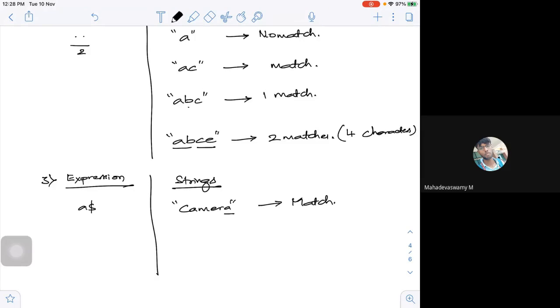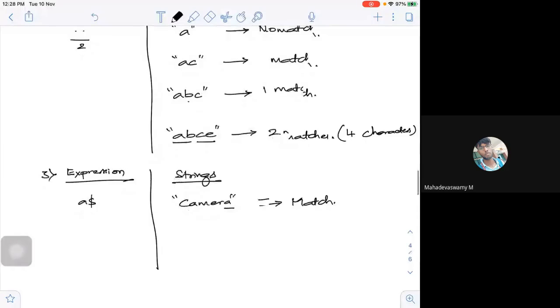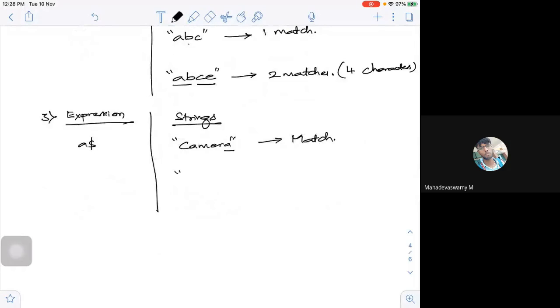What I'm trying to tell you is how you are going to search for a particular word in your large text file, using these simple regular expressions. Now suppose I have cab, but it's ending with B, and I am looking for a word ending with A. So it is no match.